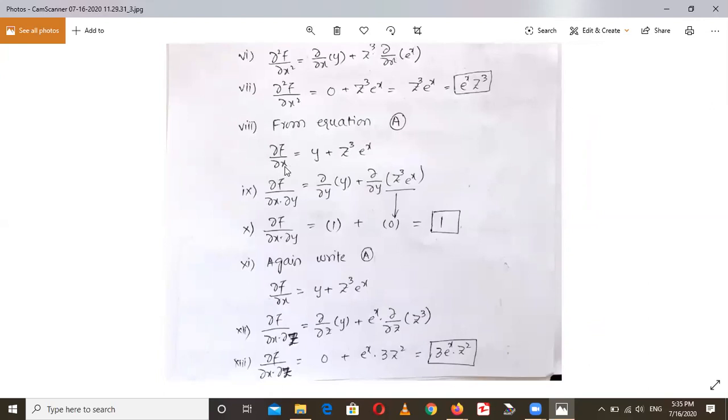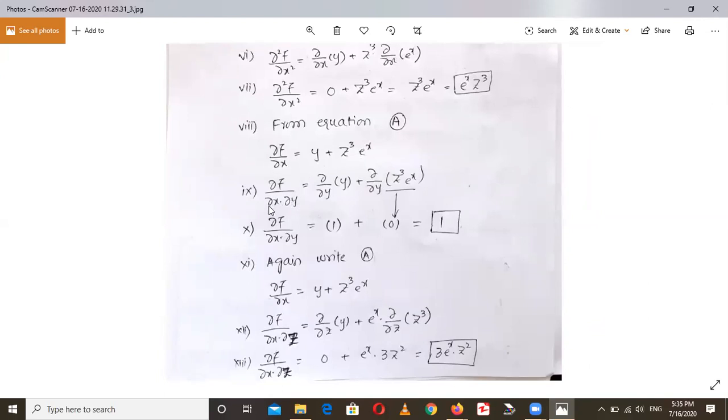What we will do is differentiate this equation with respect to y, so this will become fxy. We have already differentiated this equation with respect to x one time, and now we will differentiate it with respect to y.